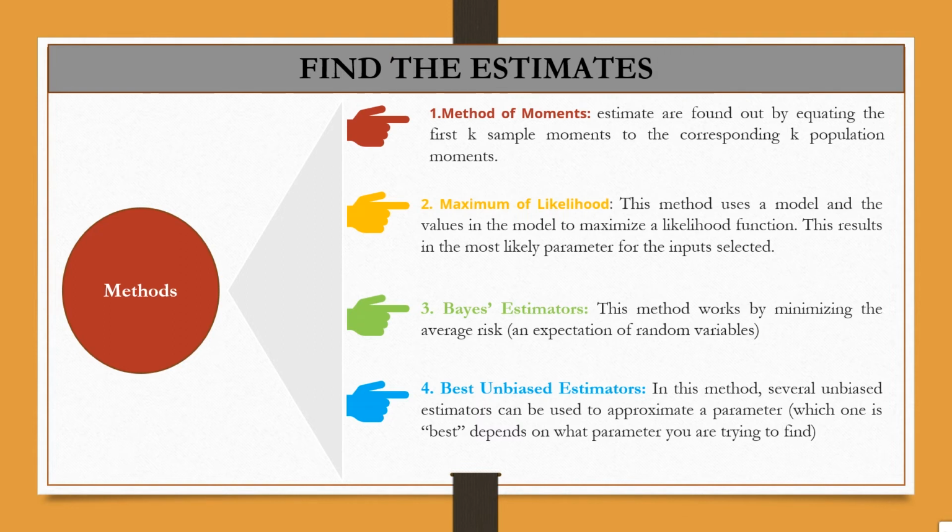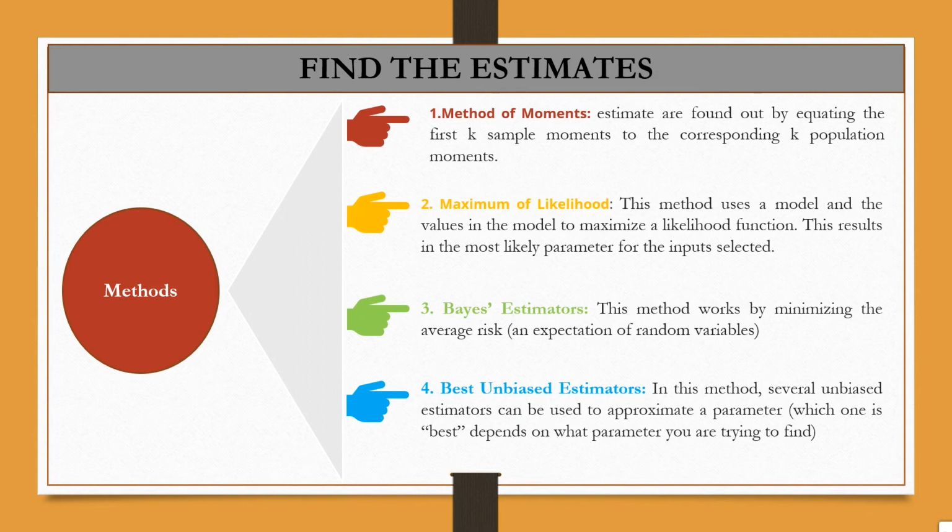Next, we have maximum likelihood. This method uses a model to estimate a value. Maximum likelihood is majorly based on probability, so there's a lot of probability involved in this method. Next, we have the Bayes estimator.